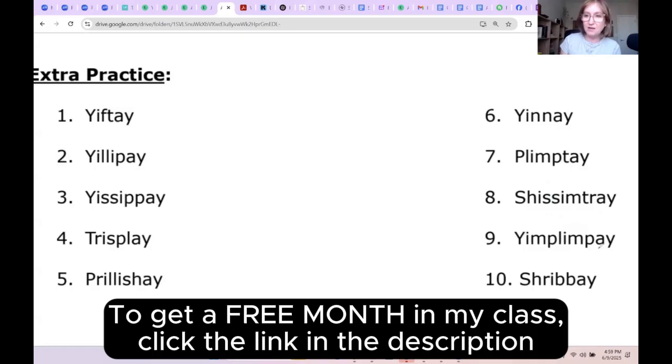Okay, consonant Y, vowel team Y. This I says I, this I says I, AY says A. Go for it. I'm dividing it into syllables if that helps. This is a fun one, I can tell.